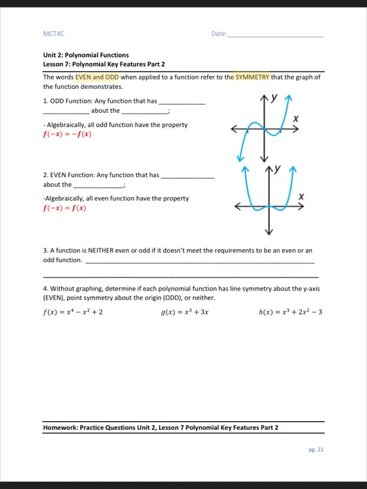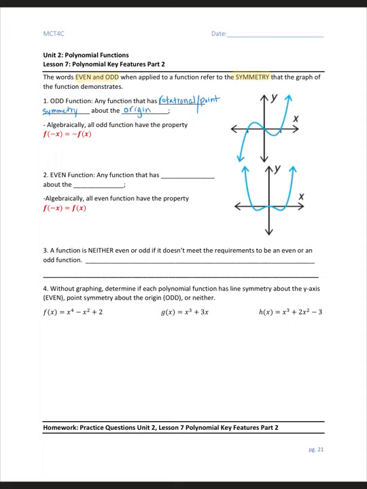If we have an odd function, that is any function that has rotational or point symmetry about the origin.